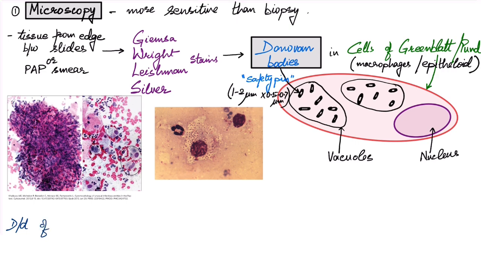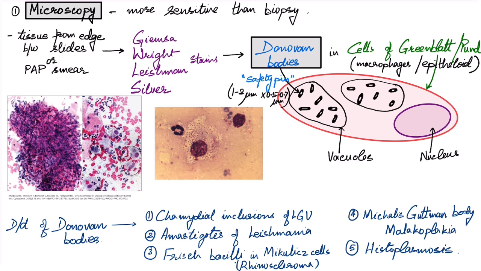So there are some differentials of Donovan bodies, and what are they? These are chlamydial inclusions of LGV, amastigotes of Leishmania, the fish bacilli immaculate cells of rhinoscleroma, Michaelis Gutman body in Malakoplakia, and histoplasmosis. These are the differentials for histology or cytology, you can say.